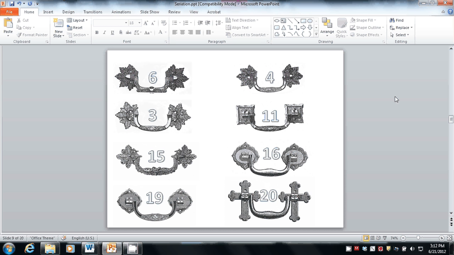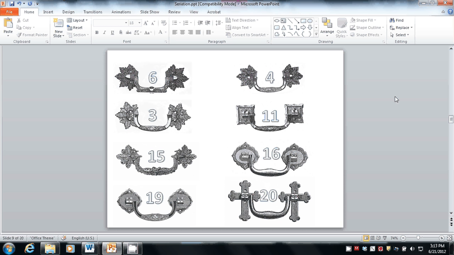So of these 8 coffin handles, which come from 8 different individual graves, we can imagine that we have the gravestone, which is legible for coffin handle number 4 and coffin handle number 16. So we'll say that coffin handle number 4 dates to 1822. The date of death, at least on the gravestone, is 1822. And the date of death for coffin handle 16, let's say, is 1868. So those two obviously belong to the 19th century, but they're 4 decades apart.